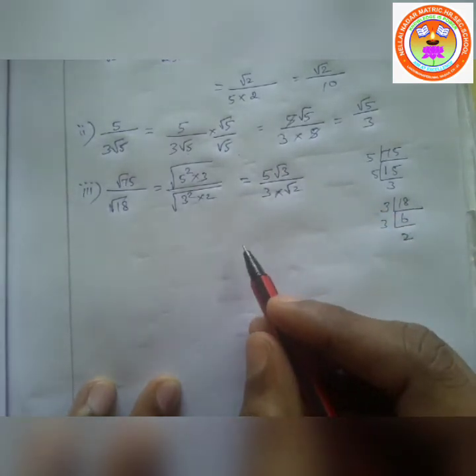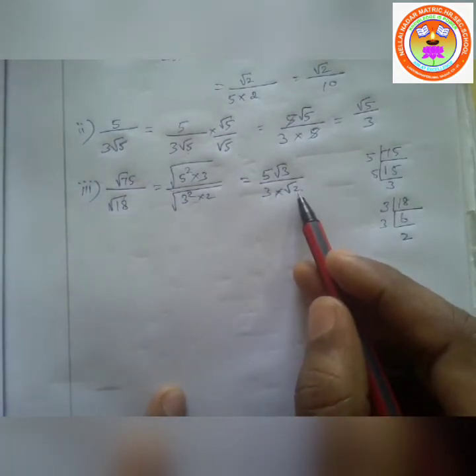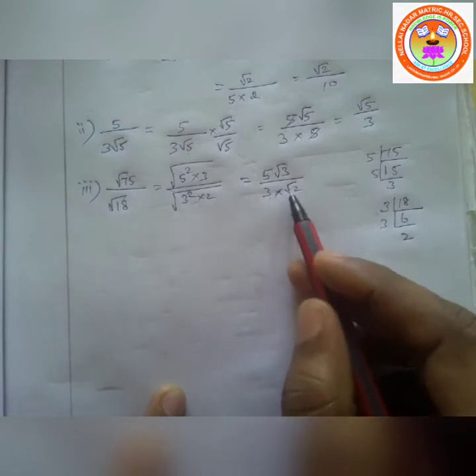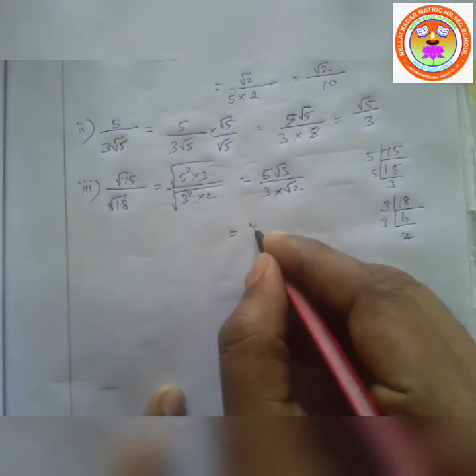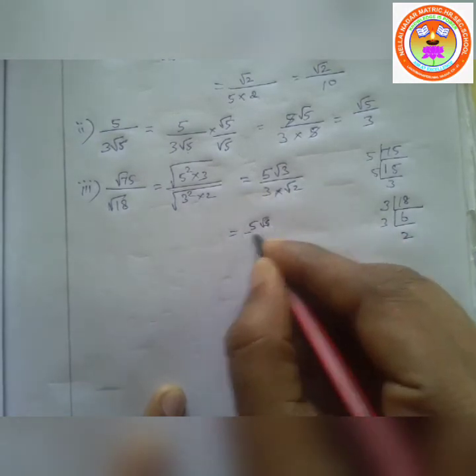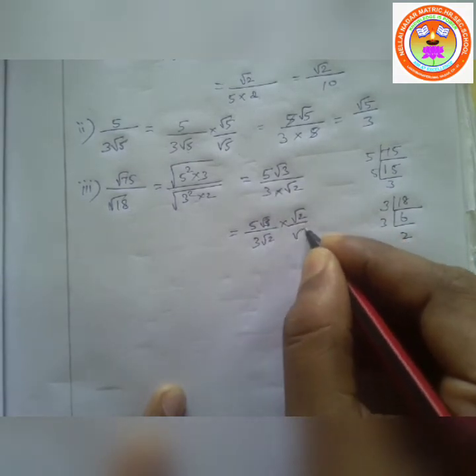Now look at the denominator. Here we are having root 2 in the denominator. So this only we have to rationalize. What you have to do? In order to rationalize that, for 3 root 2, multiply and divide by root 2.